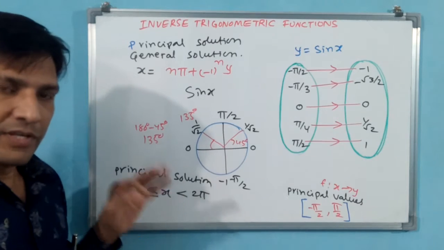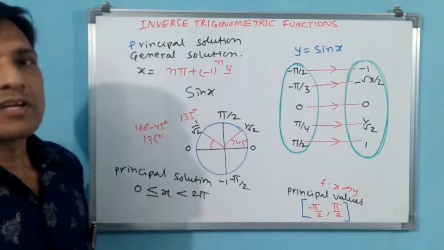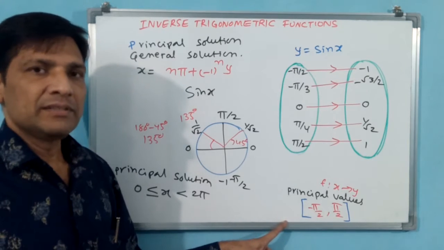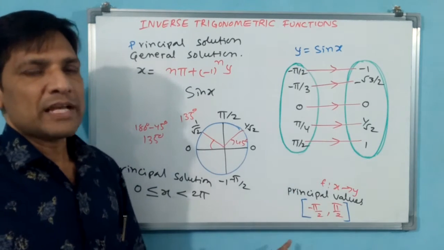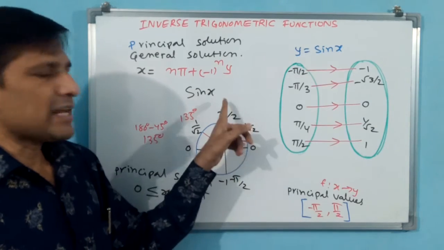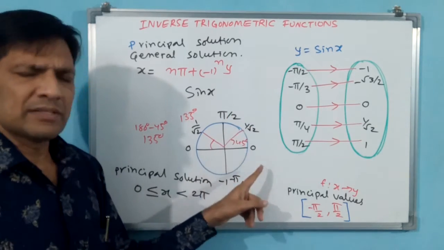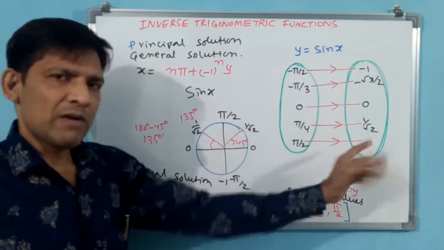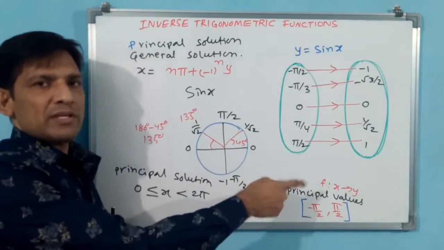But if the examiner or question says, take the inverse of the sine function as per principal values, then the principal values are minus pi by 2 to pi by 2, and 0 comes only once. Not only 0, every value is going to come only once. One-one function. Then 0 means 0 degree.